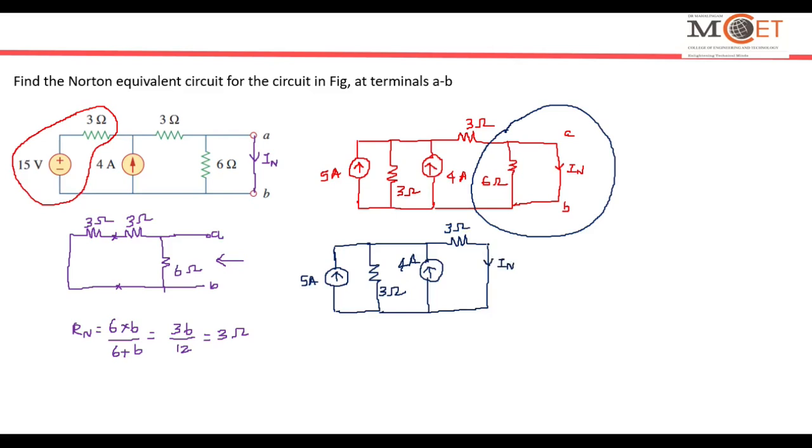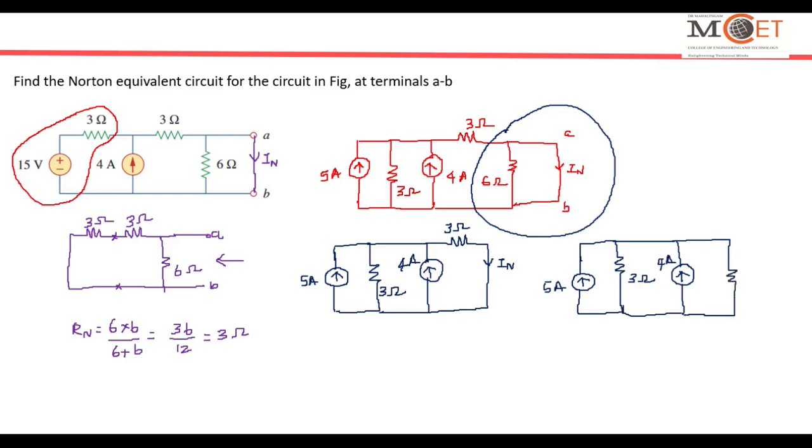Now this entire point is the same point, so there is nothing wrong. I can redraw this network something like what I am going to show here. So this is 5 amps, a 3 ohm, a 4 ampere current source, and the 3 ohm, something like this.